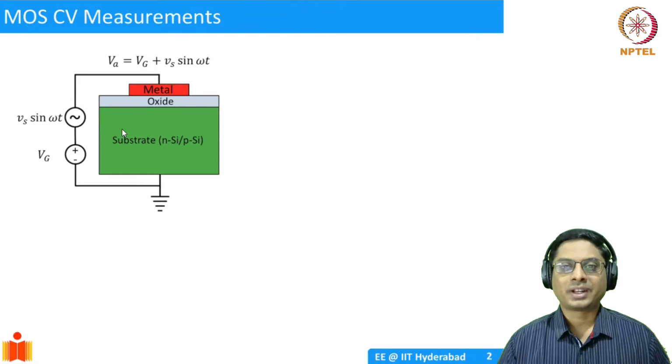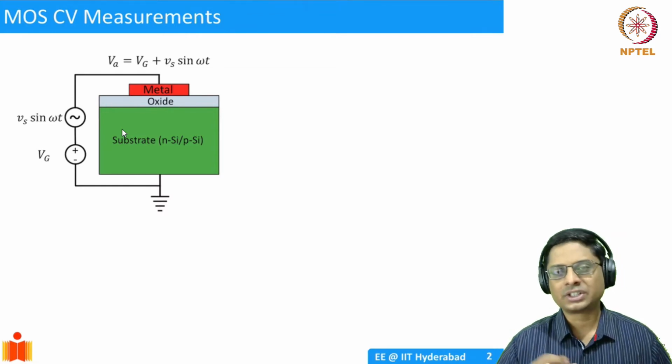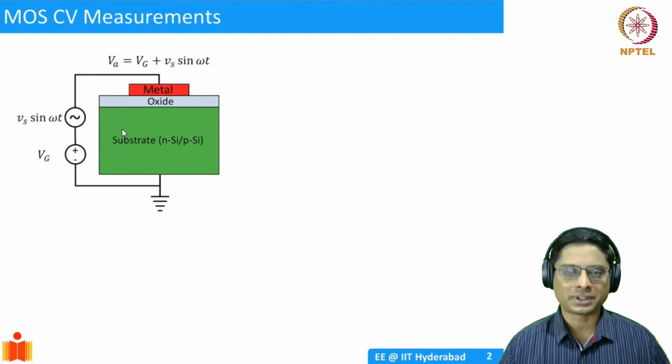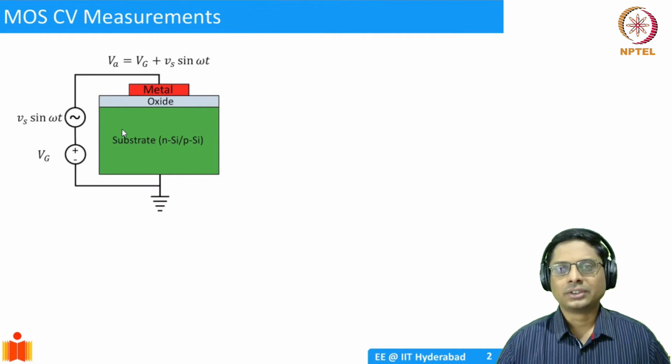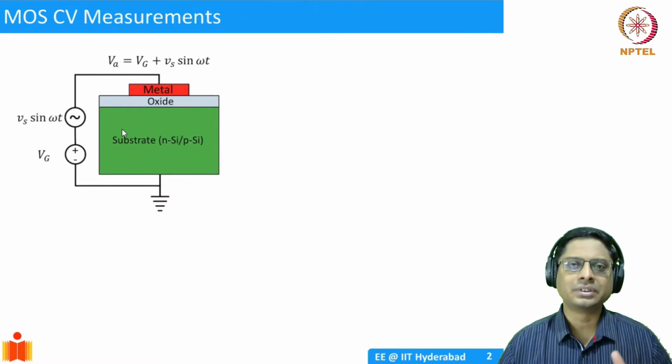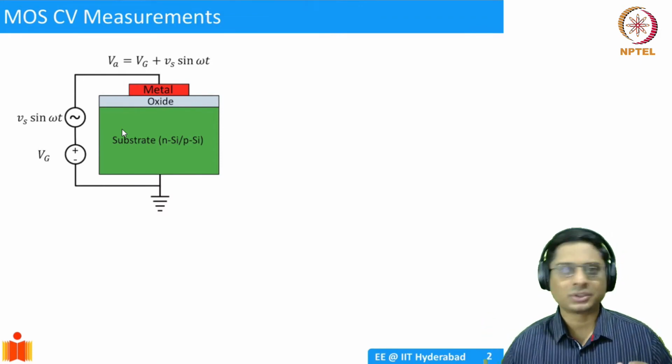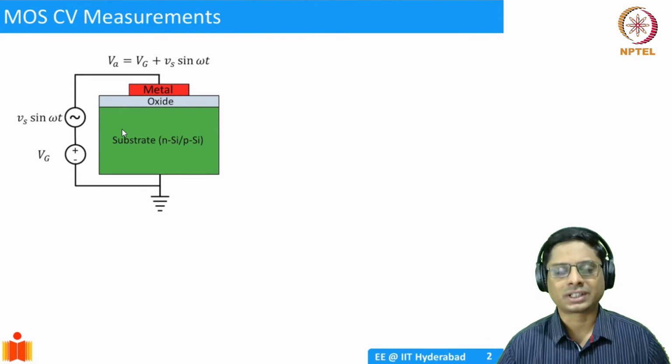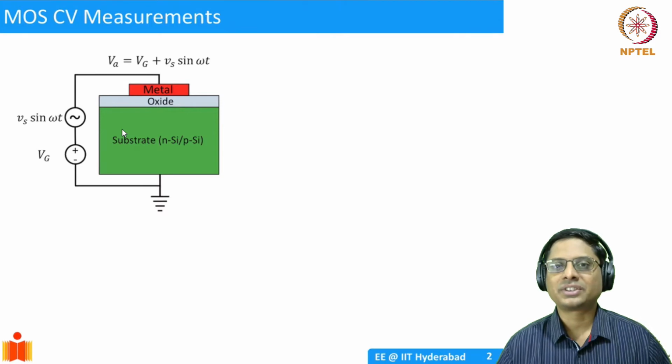There is a certain amount of energy stored in the capacitor. The ratio of charge to voltage is your capacitance. So for a simple parallel plate capacitor, if you add a plus delta Q, there will automatically be a minus delta Q on the other plate, and the capacitance is constant.